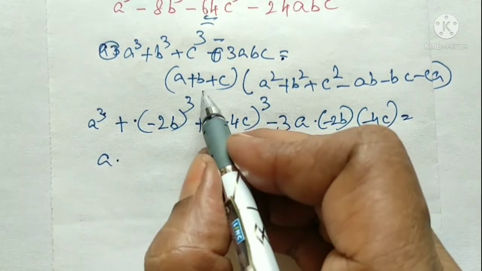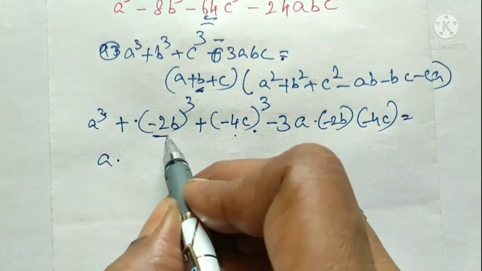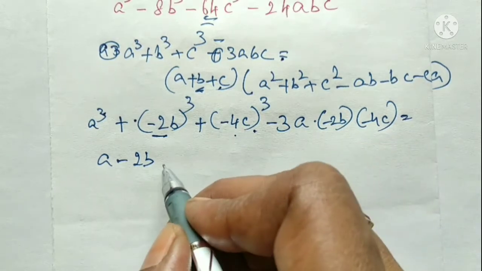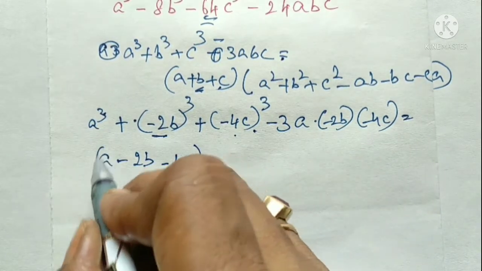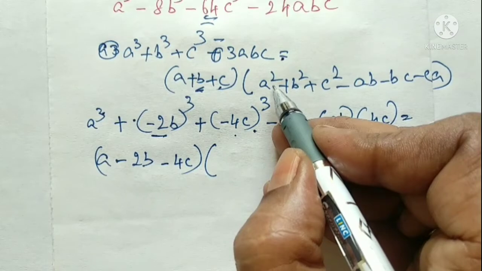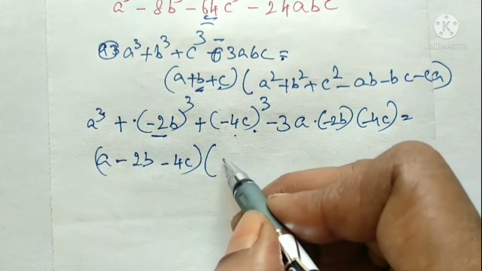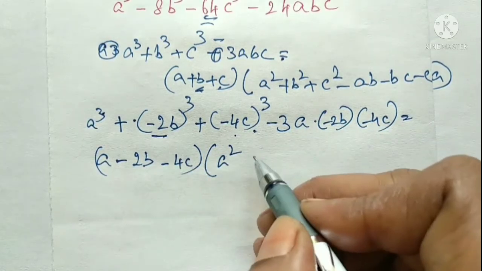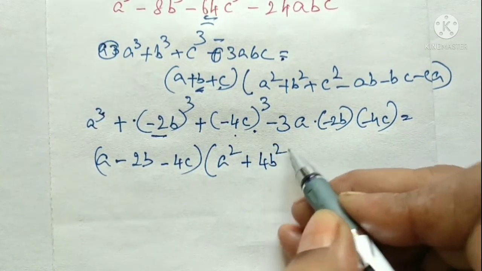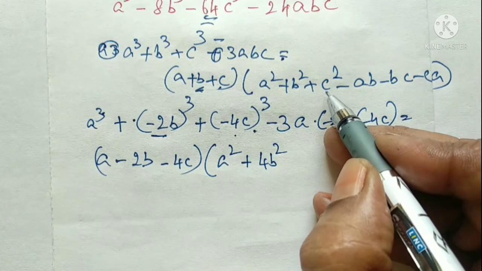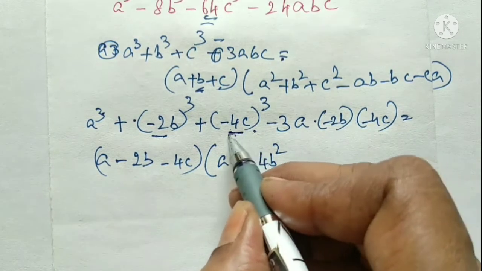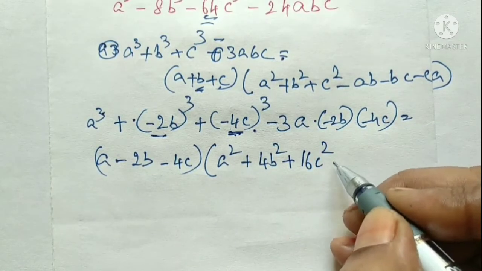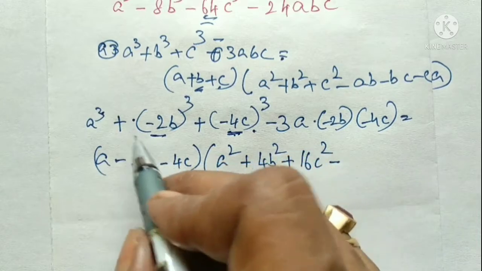So its value will be a plus b, here this term minus 2b, plus c, the third term minus 4c, multiplied by a square plus b square, the second term squared, it is 4b square, plus c square, the third term, 4 fours are 16c square, minus ab.